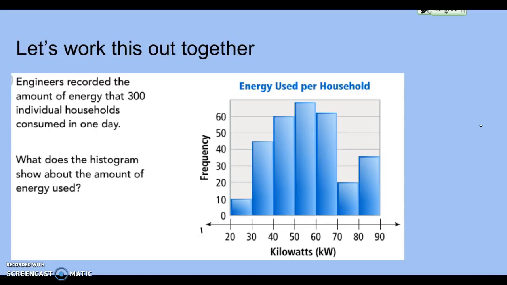It should also be easy to see that the greatest amount of energy came between 50 and 59 kilowatts, and that was used by over 60 households.